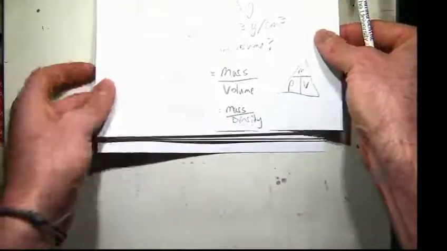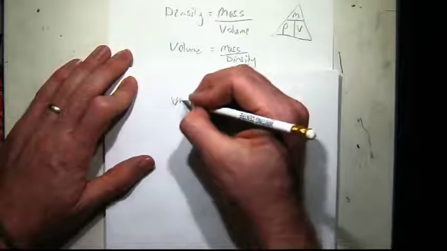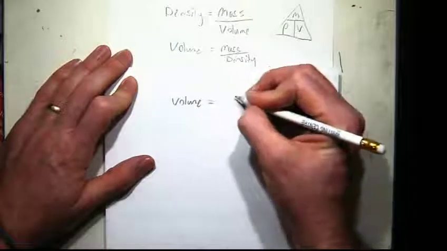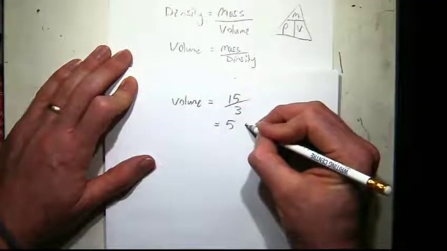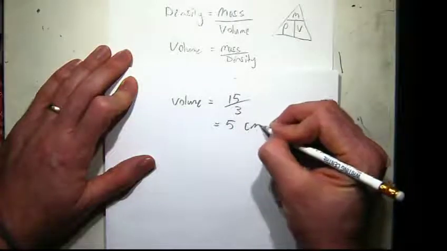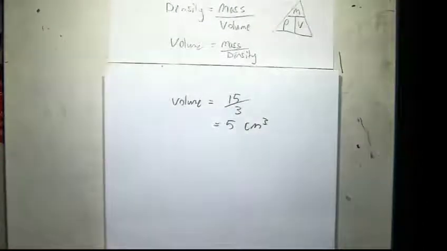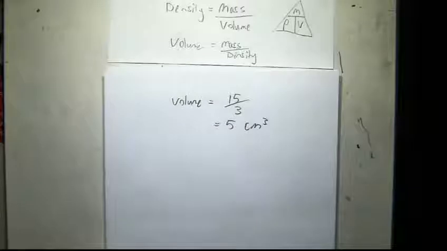According to that relationship, the volume must be 15 over 3, which is 5 centimetres cubed. Right, so that is the philosophy of that particular kind of rearranging of formulas.